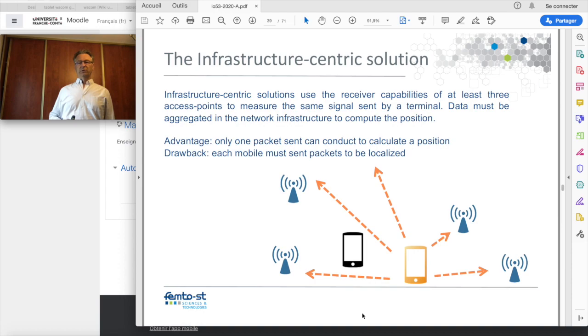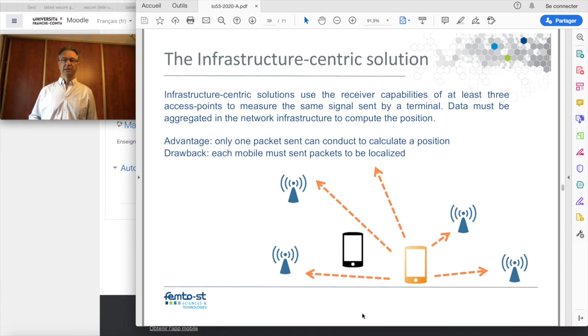So for the infrastructure-centric solution, now you have one device which sends one packet which is received by more than one access point, at least 3, and with these 3 receptions you have the ability to calculate coordinates for the mobile device, and then you have to send this result to the mobile device.